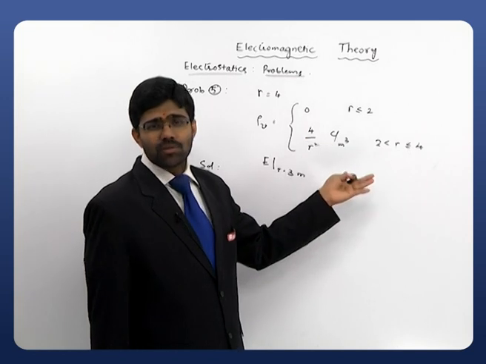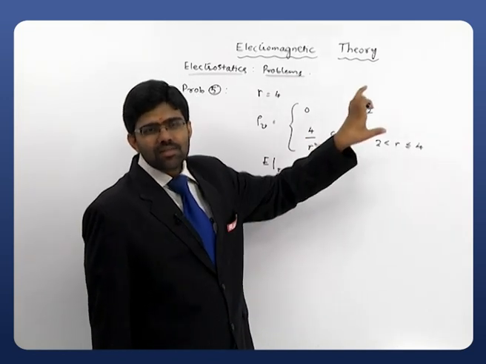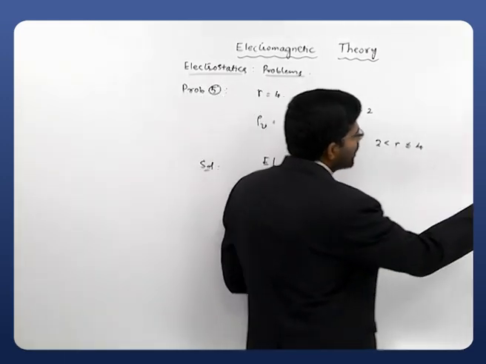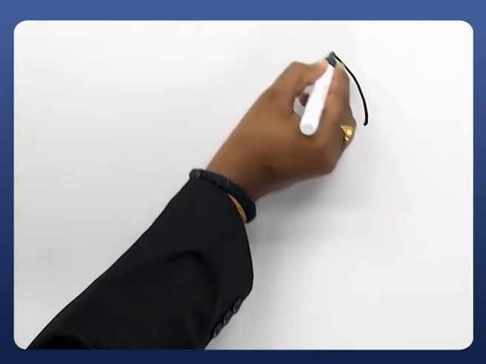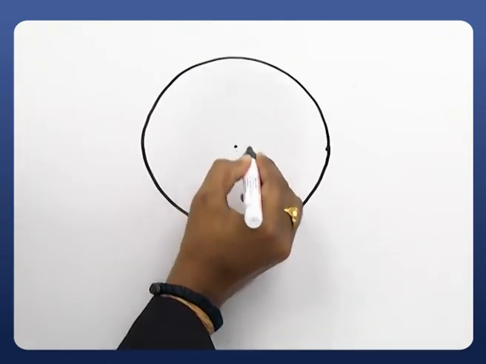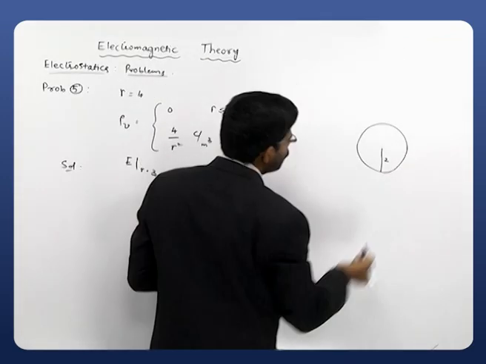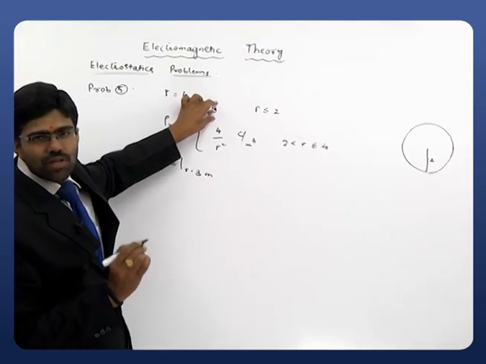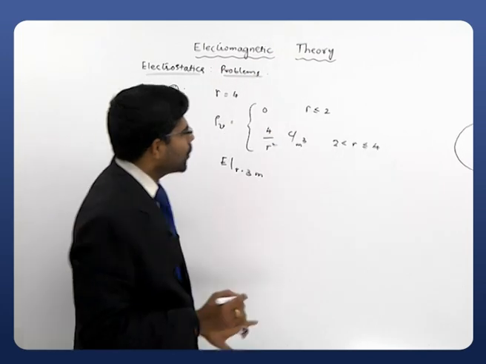Now once again try to interpret the data, by taking a simple pictorial representation of that one. So I will draw once again the charge distribution with the help of two spheres. Let us take this as the r equals 2 meter sphere. Within that sphere there will be no charge, therefore the charge density is 0.